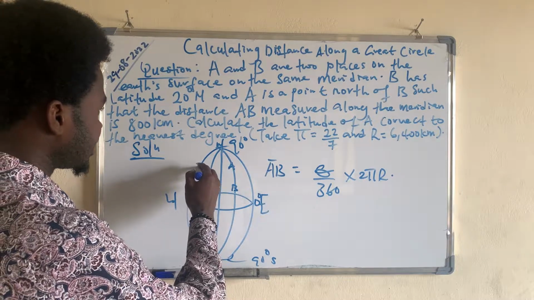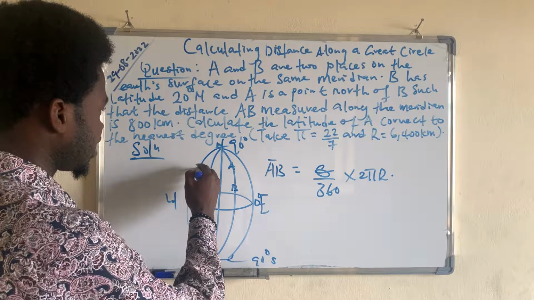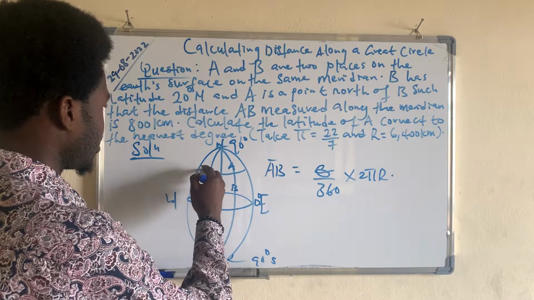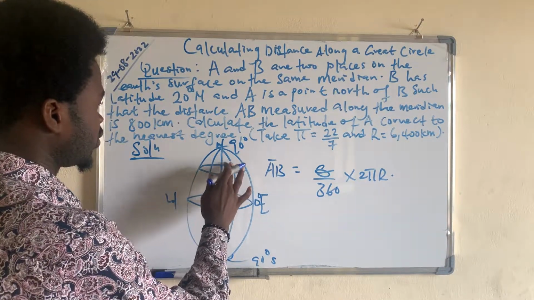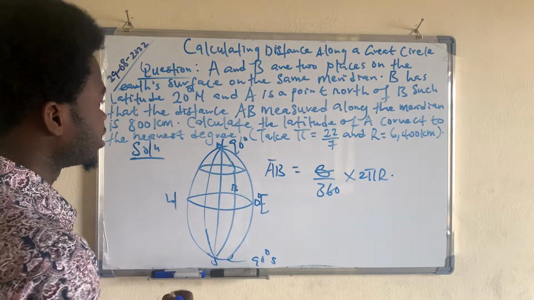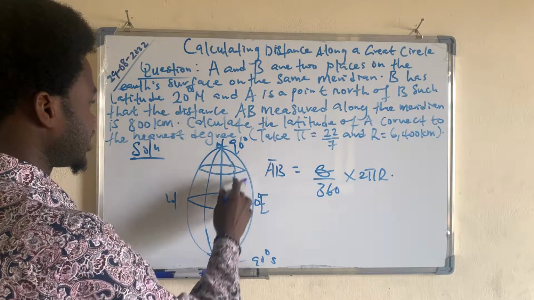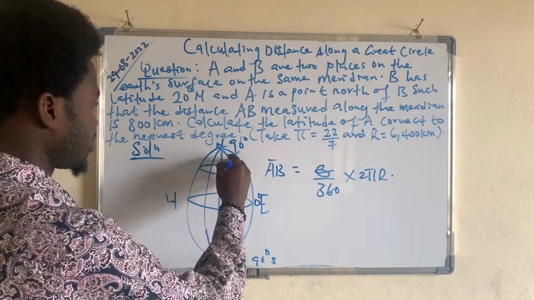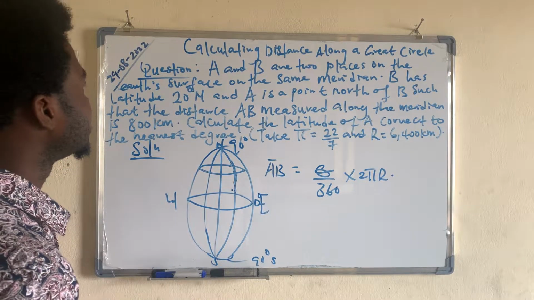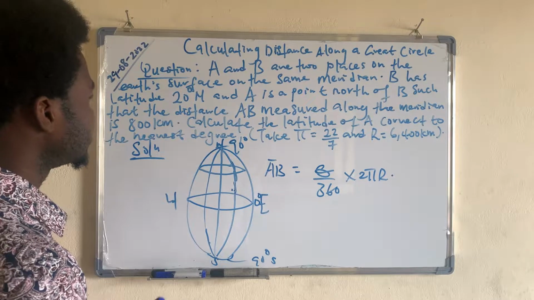So I will create a small circle here. If I have this small circle, this is the point. It said B has latitude 20 degrees north.